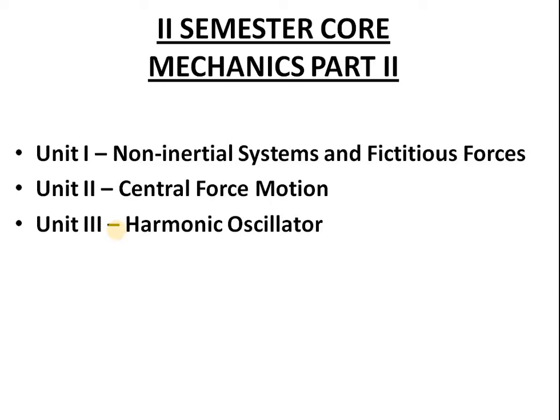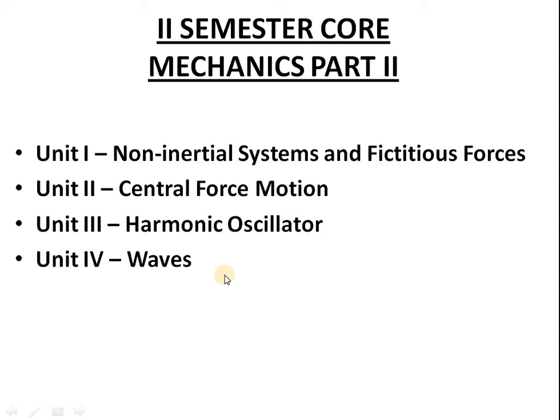We will study in detail about harmonic oscillator, how oscillation is taking place, what are the different types of harmonic oscillator, and what are its different applications in physics and technology. And mathematical treatment will be done on different types of harmonic oscillators. And unit 4 is about waves.